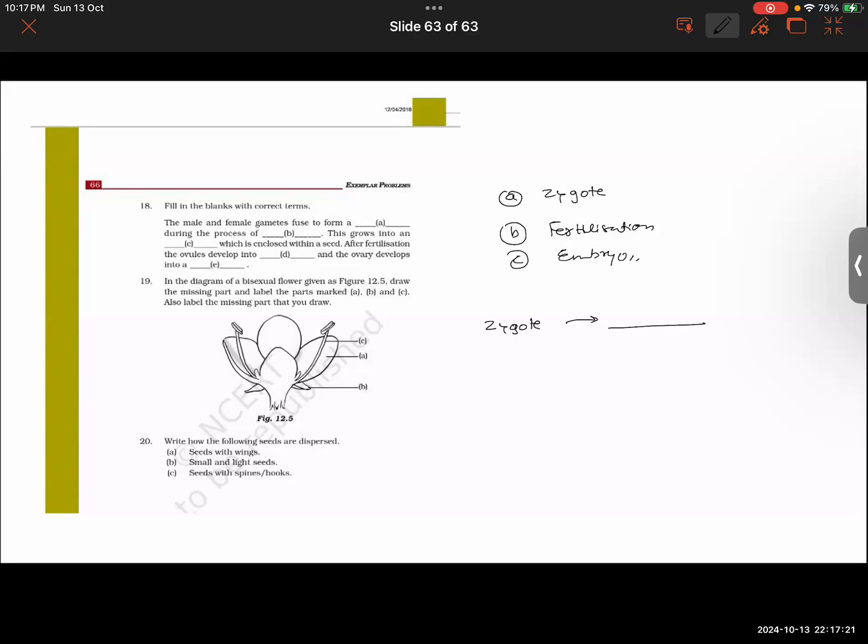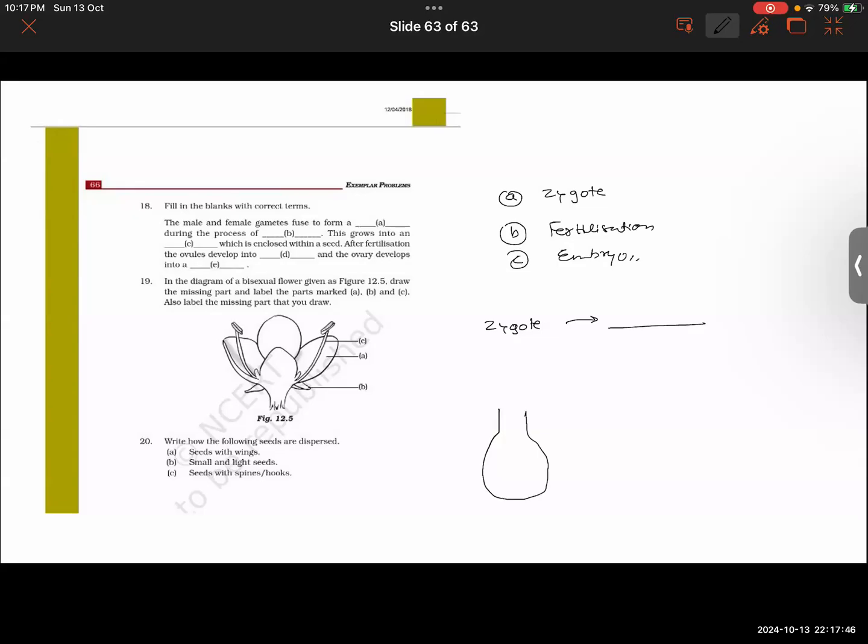So for the ovule, is it the thick, fleshy, edible part? No, it's actually the opposite. Priyanka, what do you think? Sir, I don't know.